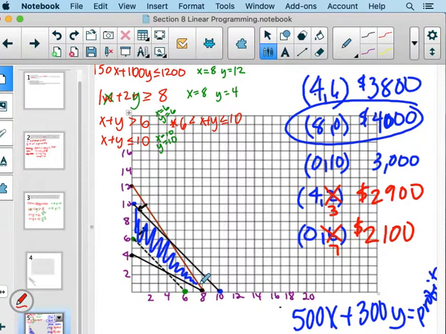So our solution, this farmer will have the most profit if he plants 8 acres of wheat and 0 acres of rye. So 8 acres of wheat and 0 acres of rye would be our solution.